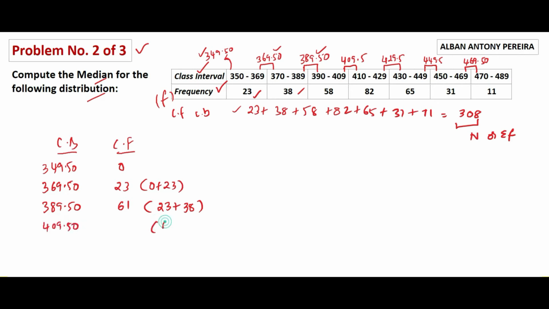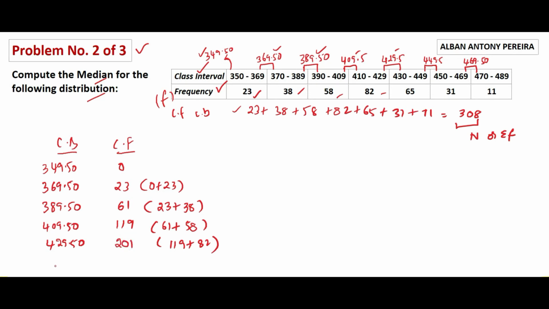It will be 61 plus 58 and your answer will be 119. Next one is 429.50. The answer will be 119 plus 82.